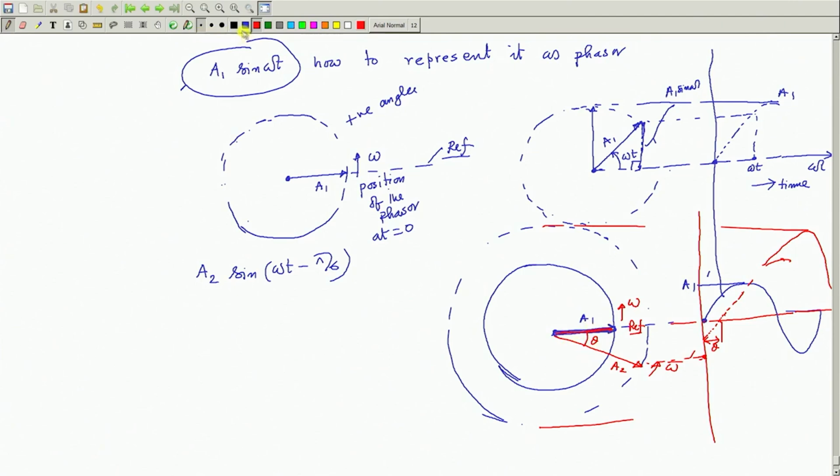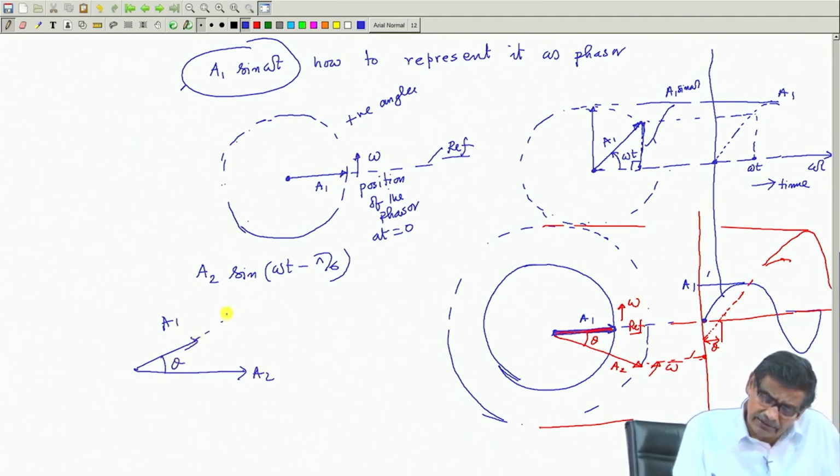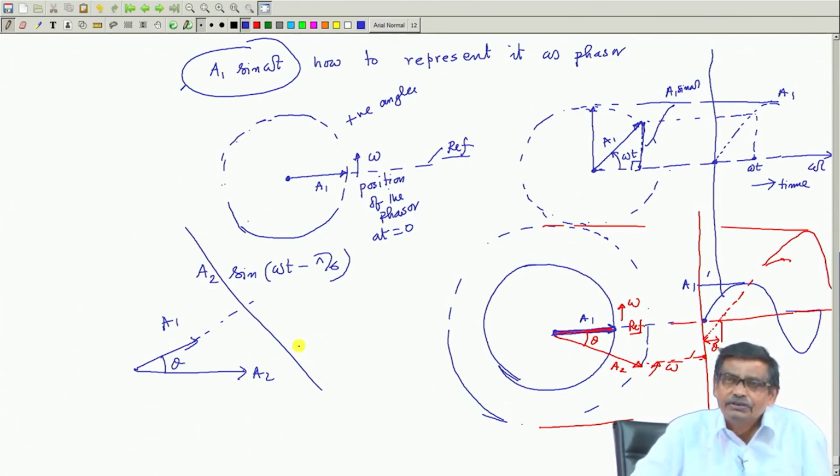And it does not matter whether, after understanding this, I draw A1 like this and A2 like this at angle theta. I will always take A1 sin omega t, then draw the vertical there. So, this picture can be rotated because the relative velocity between them is 0 and theta is a constant.